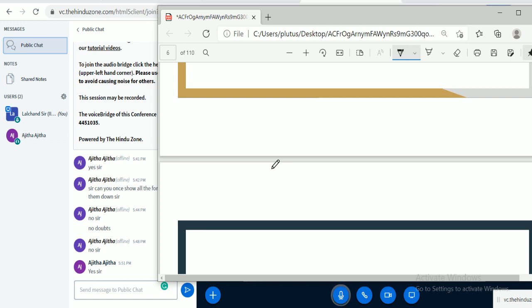The second question is, find the integral of 2 to the power x plus 1 minus 5 to the power x minus 1, divided by 10 to the power x, into dx.